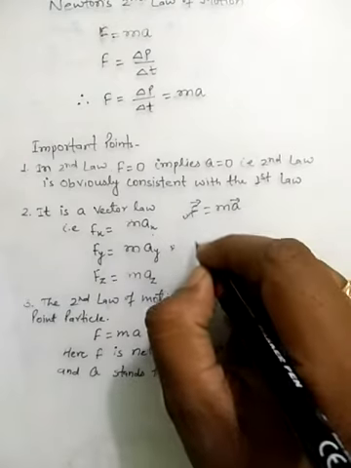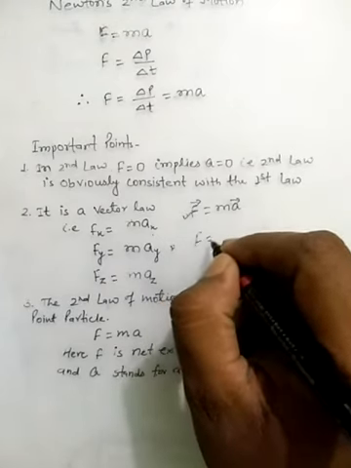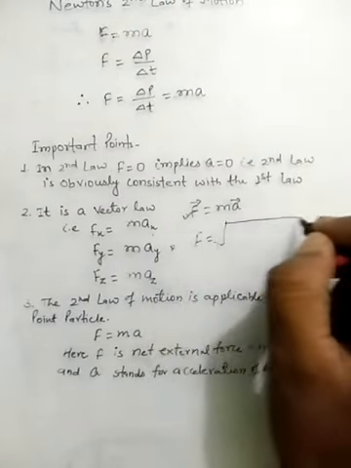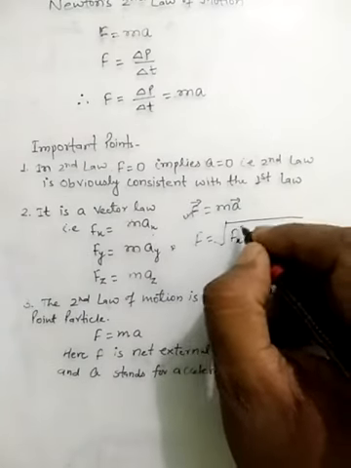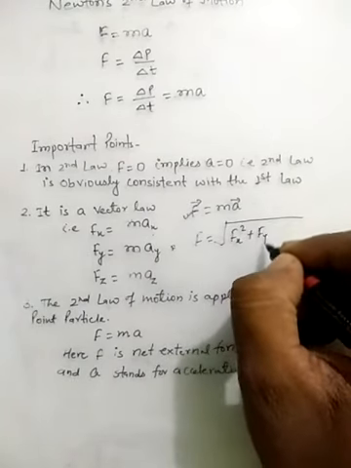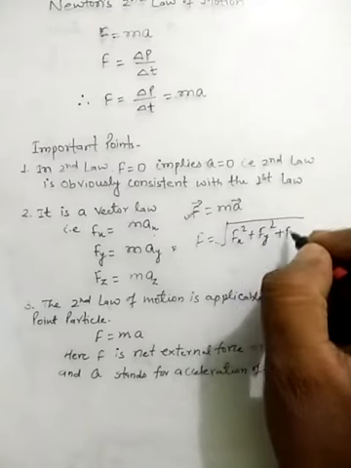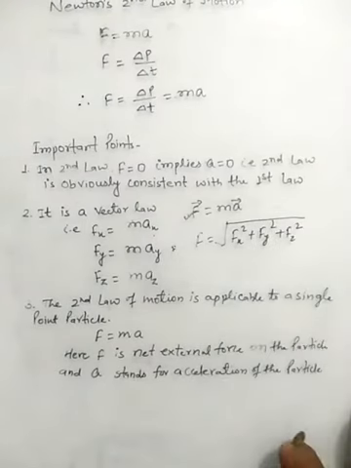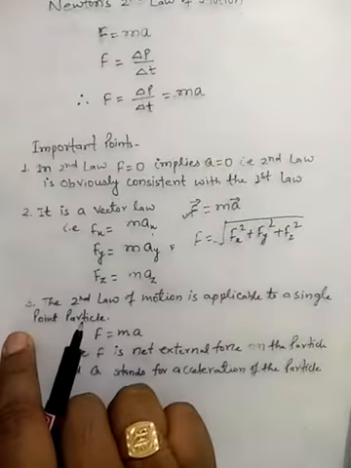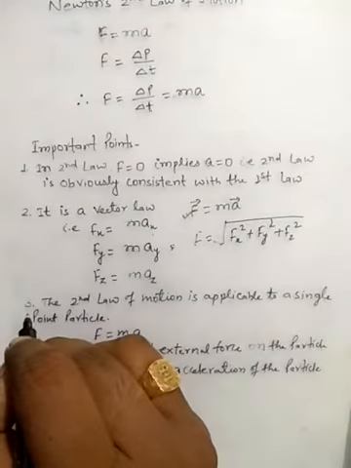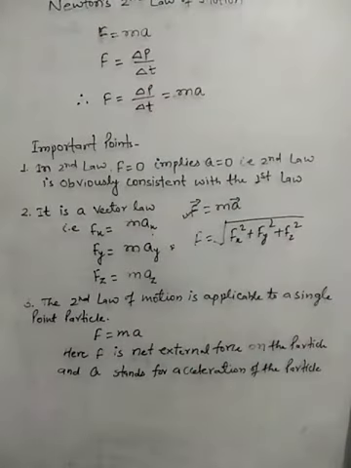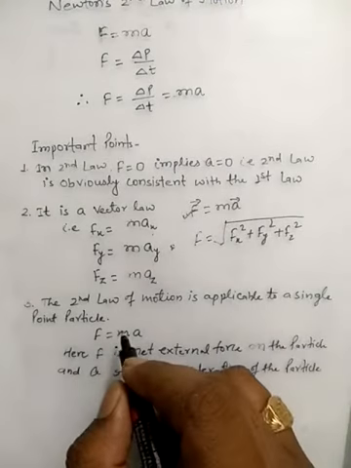And finally we can write that F is equal to the square root of Fx square plus Fy square plus Fz square. And the third point is the second law of motion is applicable to a single point particle.